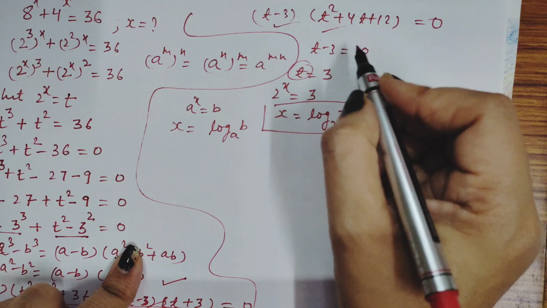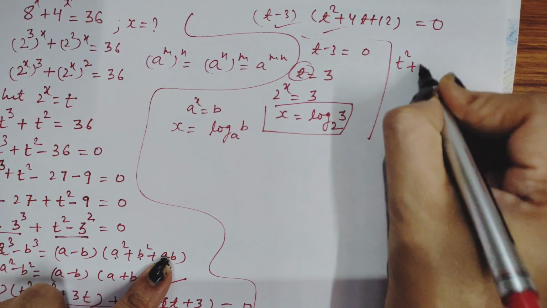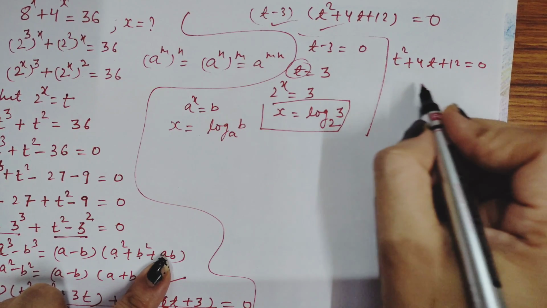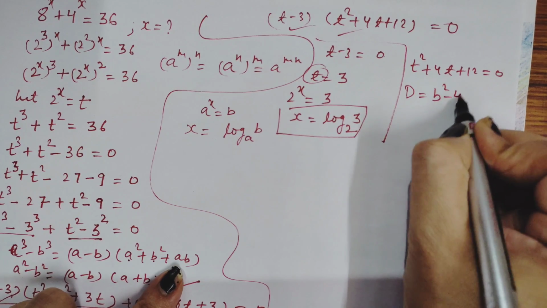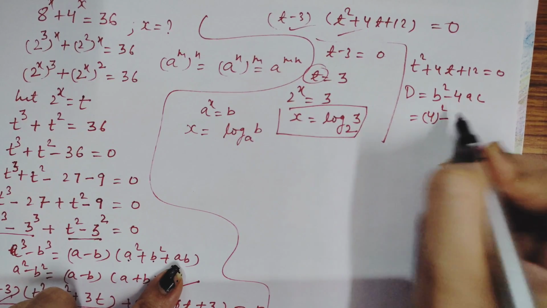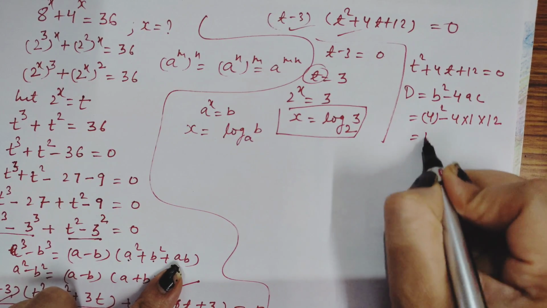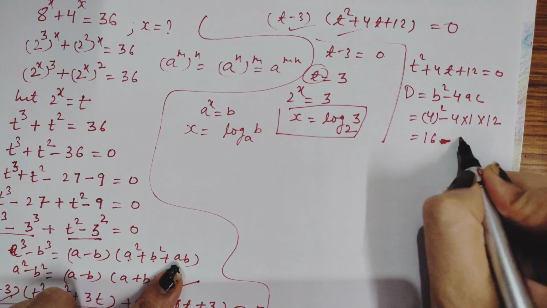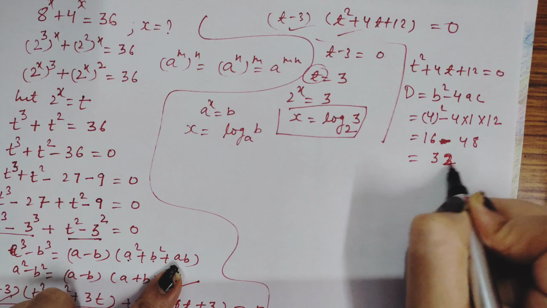Now consider the second equation. The second equation is the quadratic equation t square plus 4t plus 12. First of all we will find the discriminant. The discriminant d equals b square minus 4ac. b square here is 4 square, minus 4 into a, which is 1, and c is 12. So 4 square is 16, and 16 minus 48 is negative 32.